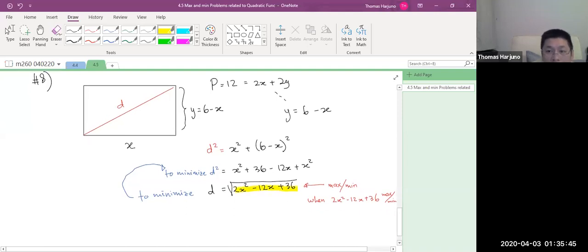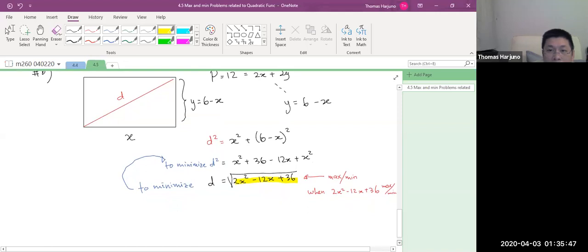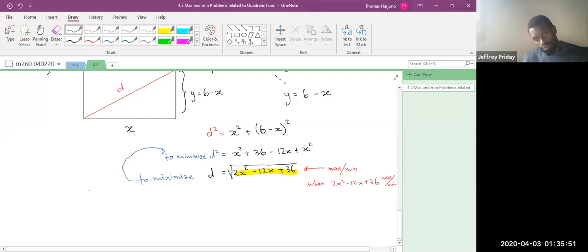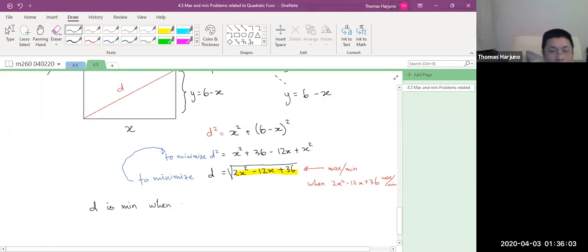Now, does the parabola inside the house open up or down? Up. It opens up. So as we expect, that should give us the minimum, right? So D is minimum when D squared is minimum, when 2x squared minus 12x plus 36 is minimum.